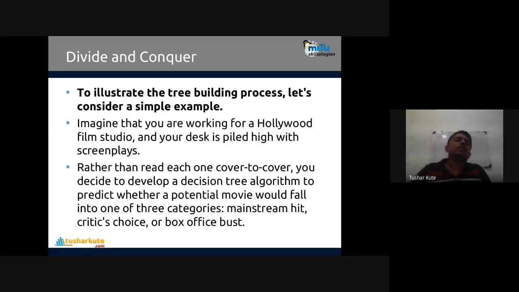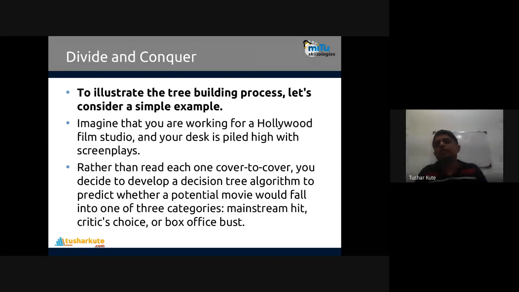Screenplays contain detailed information about the movies: the picturization, the script, the crew, the cast, meaning who will be acting in the movie, the location, the budget, the length, the duration, when it's starting, everything that's present inside the screenplays. And we have to decide which movie I should direct first or produce first. That is your decision to be made.